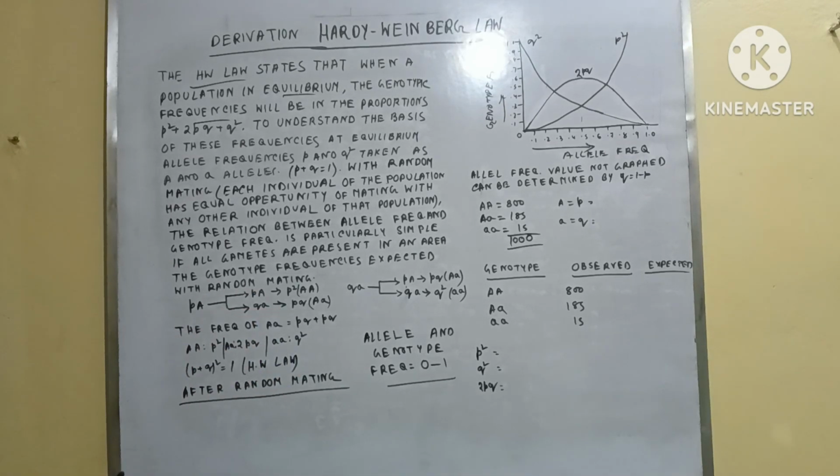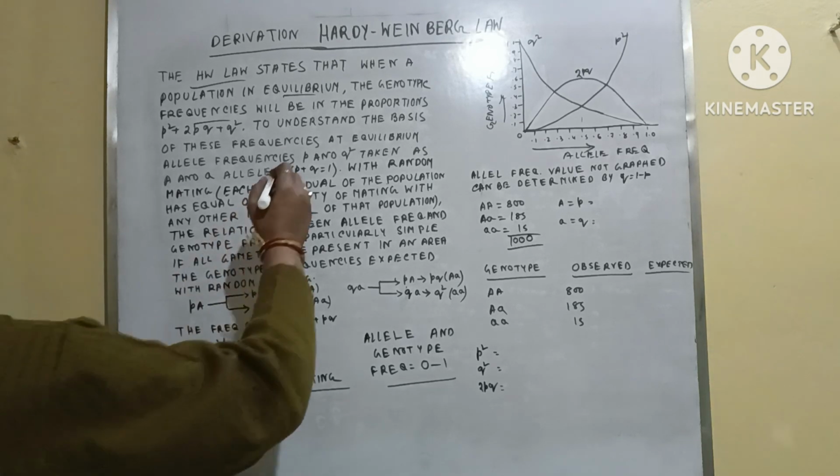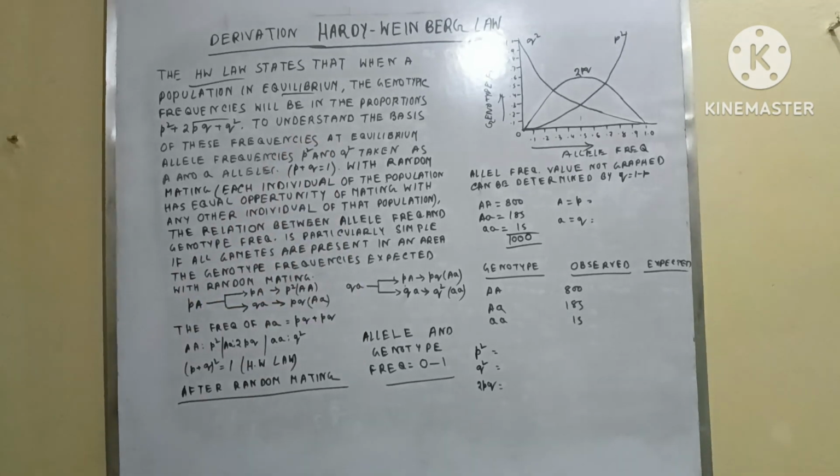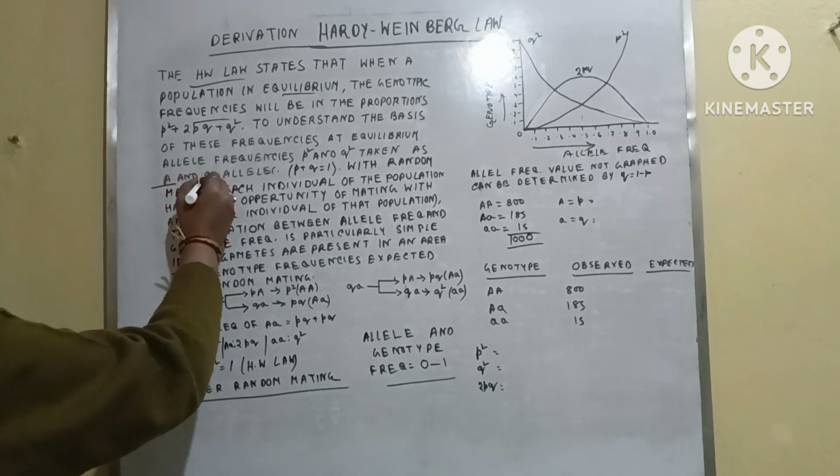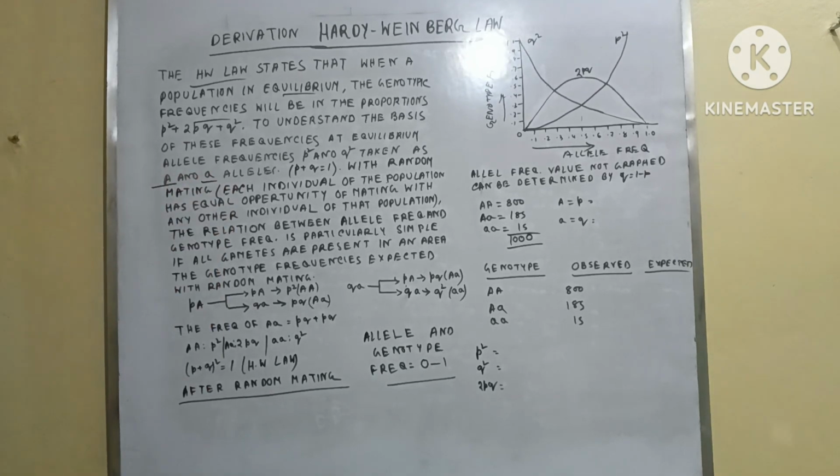To understand the basis of these frequencies at equilibrium, allele frequencies p and q are taken. Suppose there are two alleles at the locus: one is capital A and the other is small a.